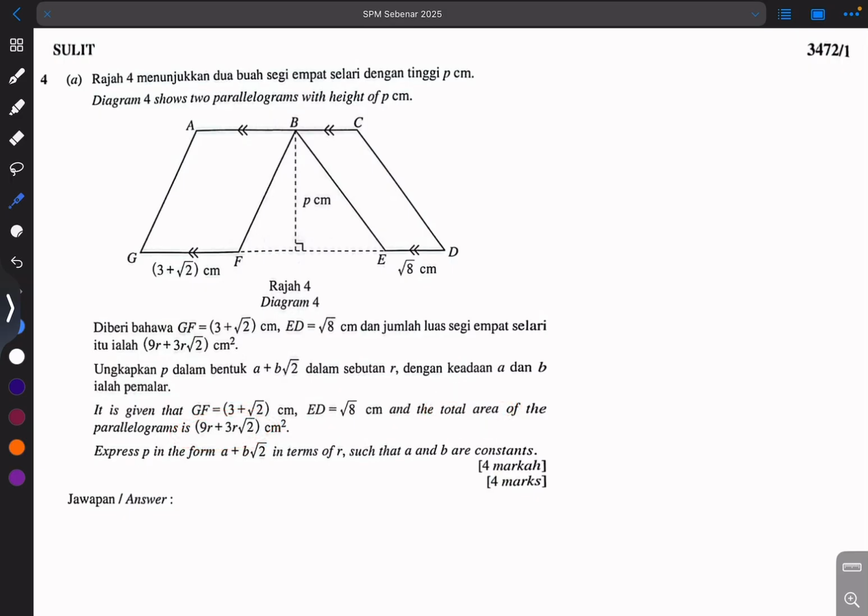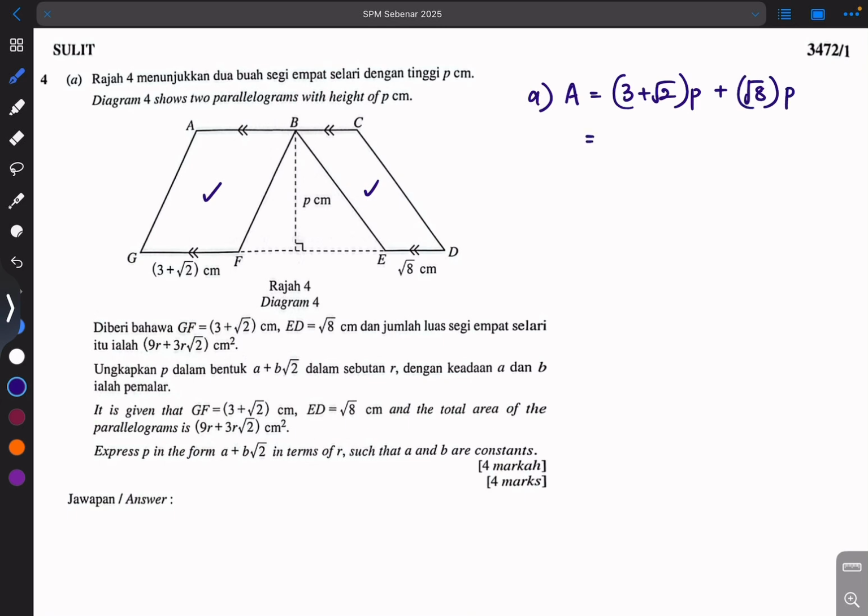The area for a parallelogram will be base multiplied by height. This is our base and this will be our height, which is p. So the area for this parallelogram would be (3 plus √2) multiplied by the height. And the area of this other one will be base times height.